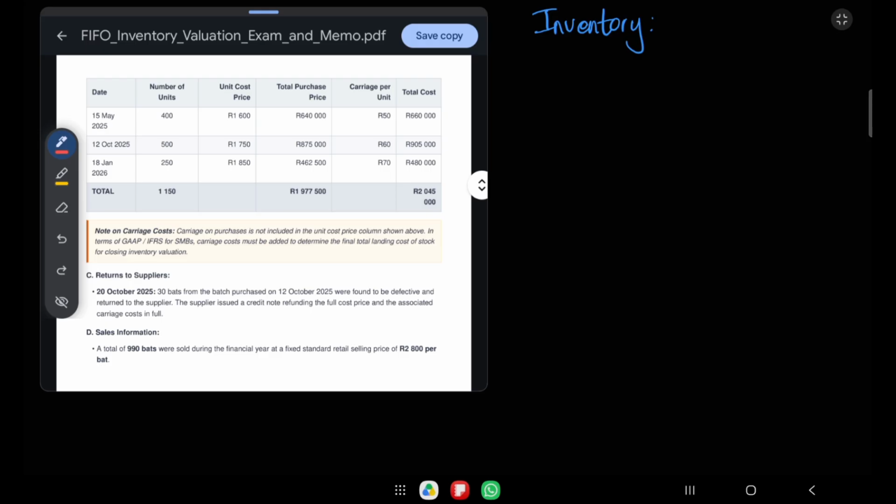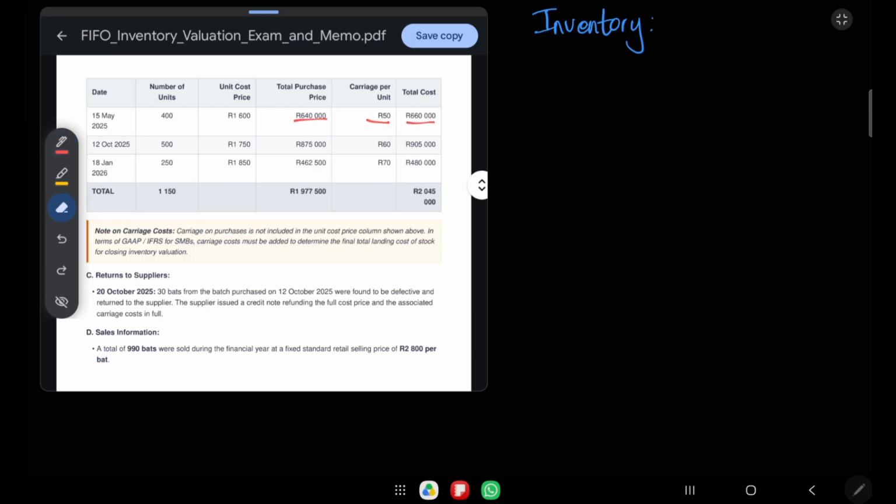So let's say 400 times 1,600, we get 640,000 rand. They've done that for us. However, we still have carriage per unit. So let's say 400 times 50. I just want to make sense of this table. 400 times 50 gives you 20,000, and you don't have 20,000 here.